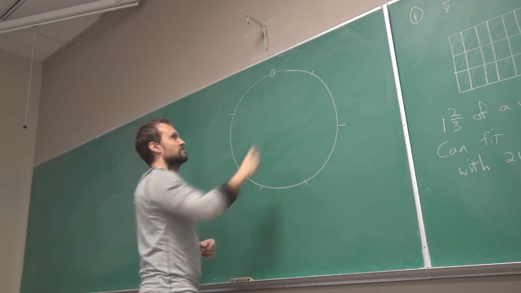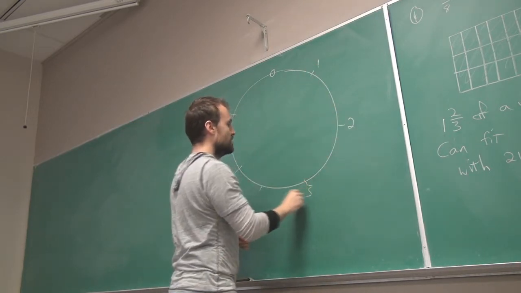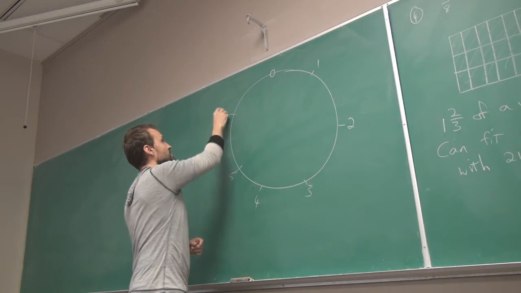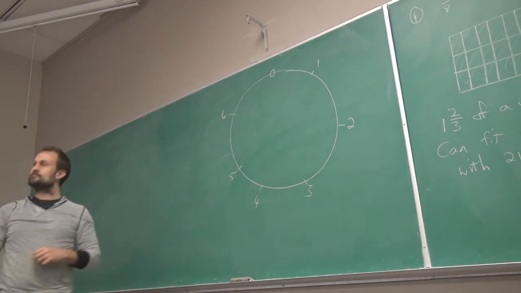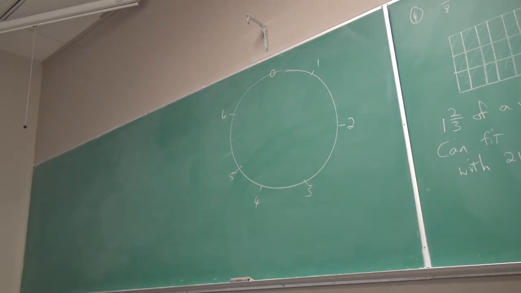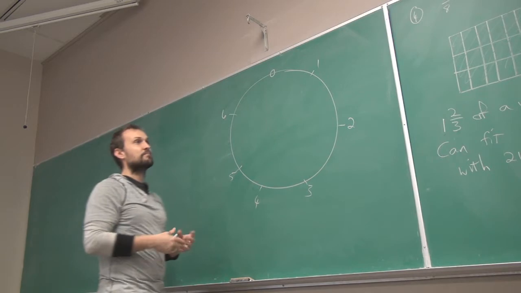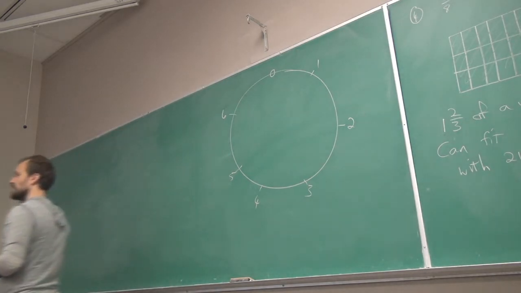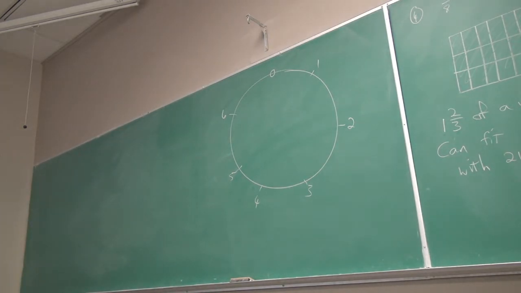That looks 7-ish. 1, 2, 3, 4, 5, 6. Come on, 7. So the reason why I'm doing this is to really look at what division means before I go to my more familiar, more comfortably named numbers on my number line. It's going to be okay.